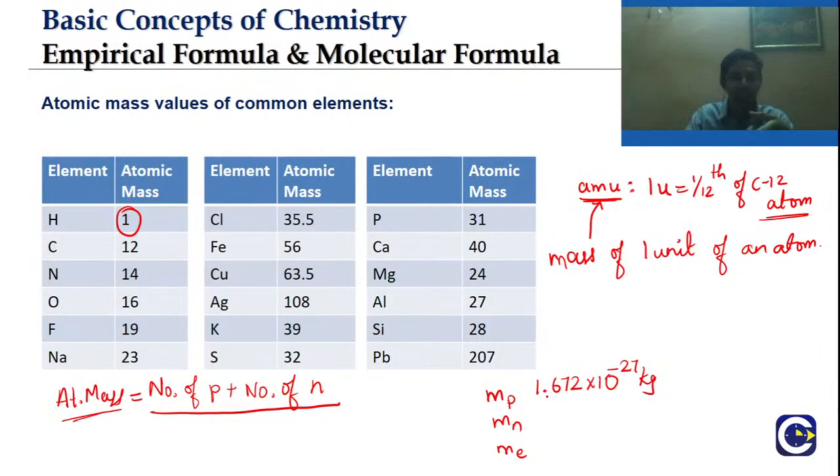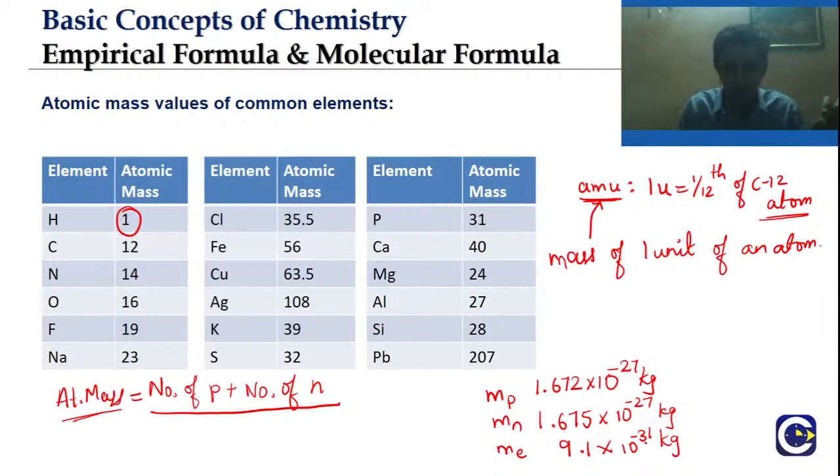Mass of neutron is also near to mass of proton, which is 1.675 into 10 power minus 27 kg. And mass of electron is least, which is 9.1 into 10 power minus 31 kg.